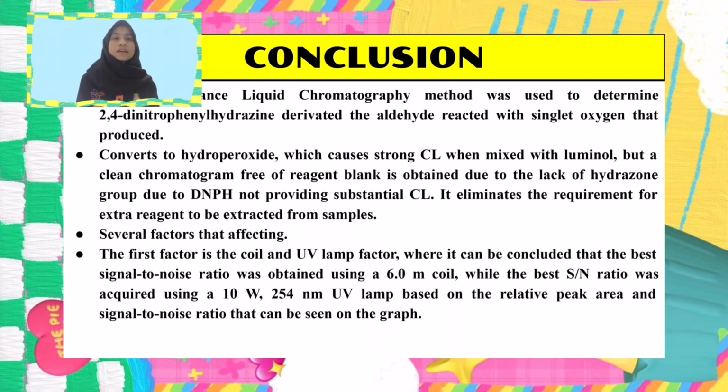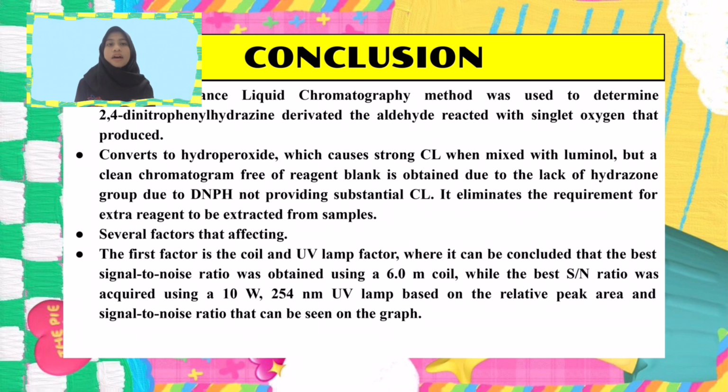It eliminates the requirement for extra reagent to be extracted from the sample. This technique is constructed from three things: online UV irradiation, online luminol reaction, and chemiluminescent detection of the DNPH derivatives.